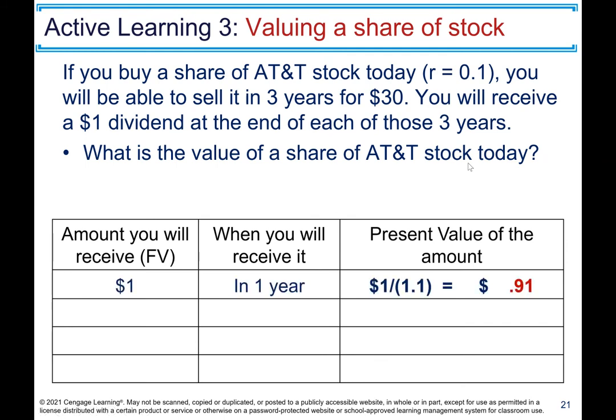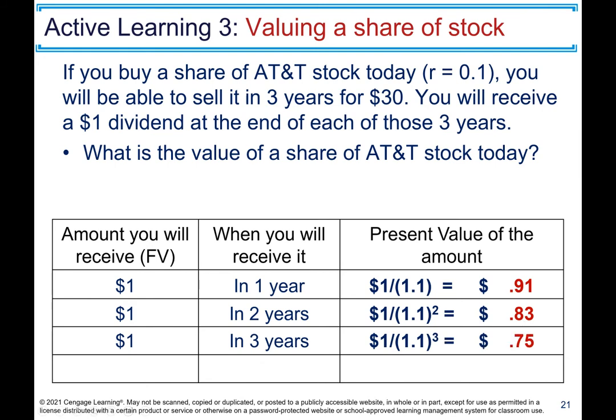One amount you will receive, the future value, is $1. When you will receive it in 1 year, the present value is 91 cents. The second year, you receive $1. You will receive it in year 2. The present value is 83 cents.